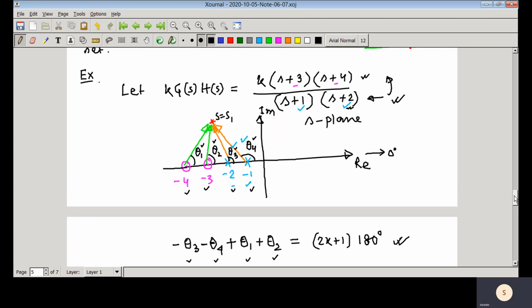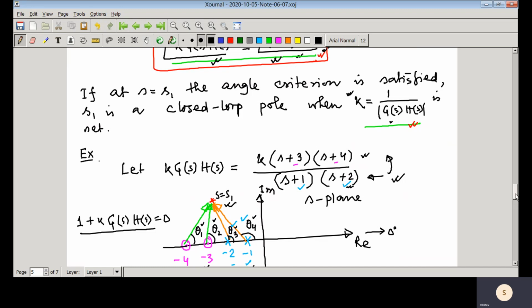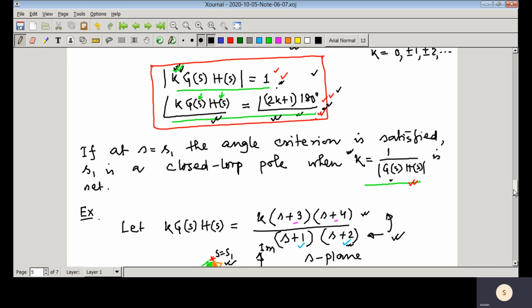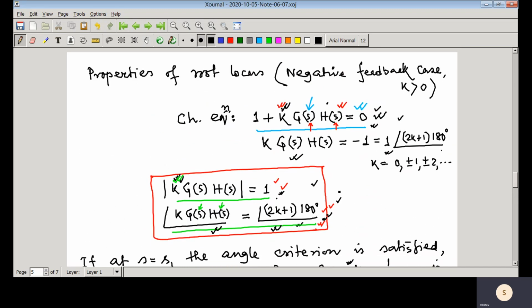So the characteristic equation is 1 plus K G(s)H(s) equal to 0. If this particular condition is satisfied, then S equal to S1 would satisfy this characteristic equation, because we have already discussed that for satisfying this characteristic equation we need to satisfy these two conditions.